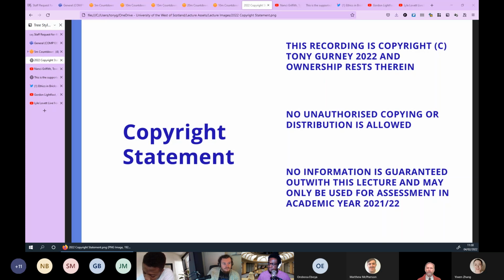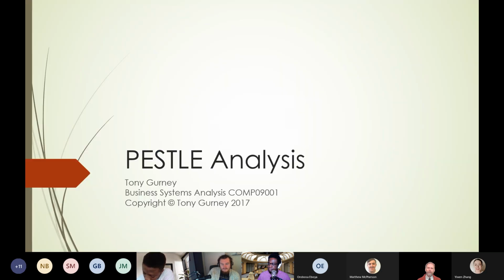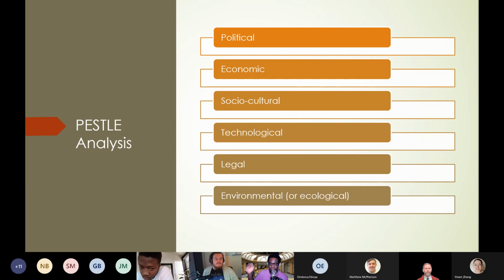So the first one that we're going to look at is something called a PEST or a PESTLE Analysis. Yet another acronym for you to learn. So what we have is a political, economic, social, cultural, technological, legal, and environmental technique.